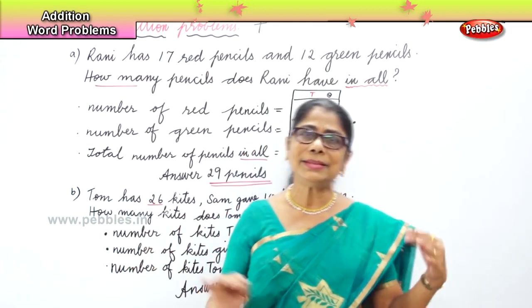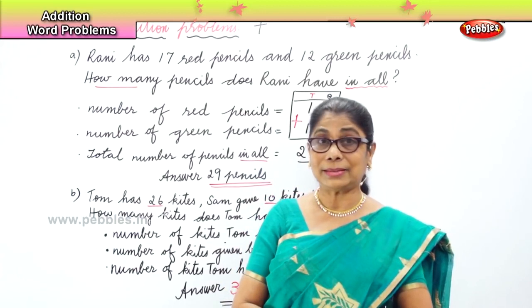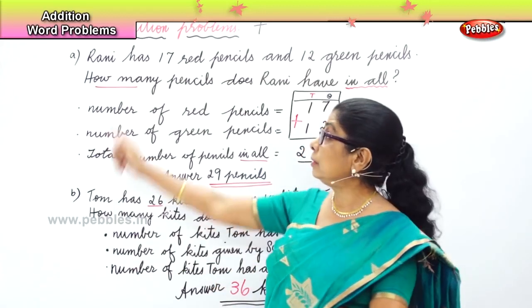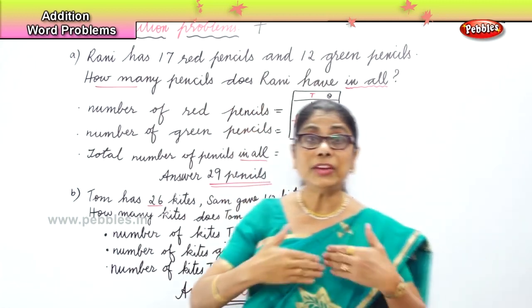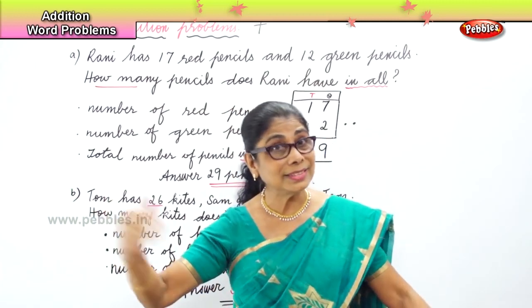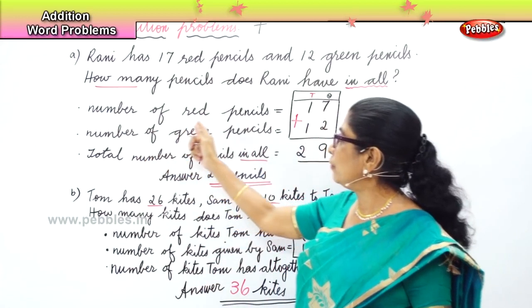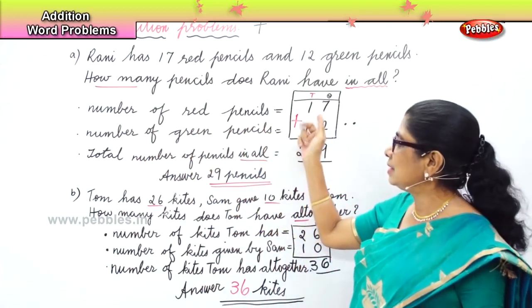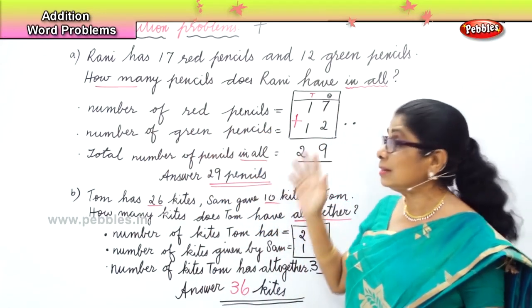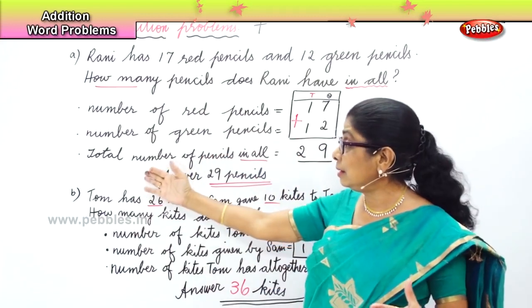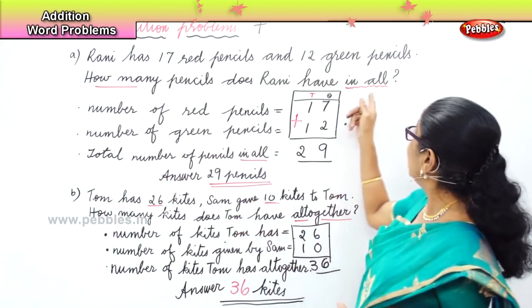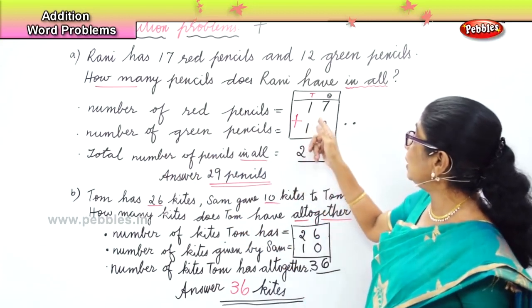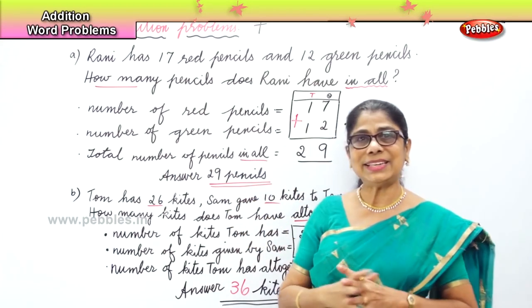The most important thing is the question, how many pencils does Rani have in all? So the next is the statement. Number of red pencils, 17. Number of green pencils, 12. The third most important statement, total number of pencils in all. 17 plus 12, 29 pencils.